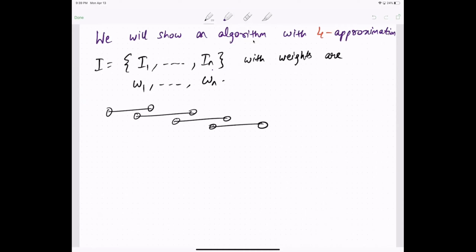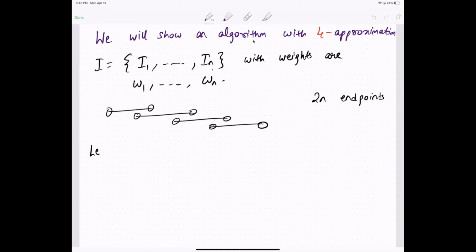Okay, so then these endpoints are actually important while setting up the LP. So I have n such intervals and 2n endpoints, right?